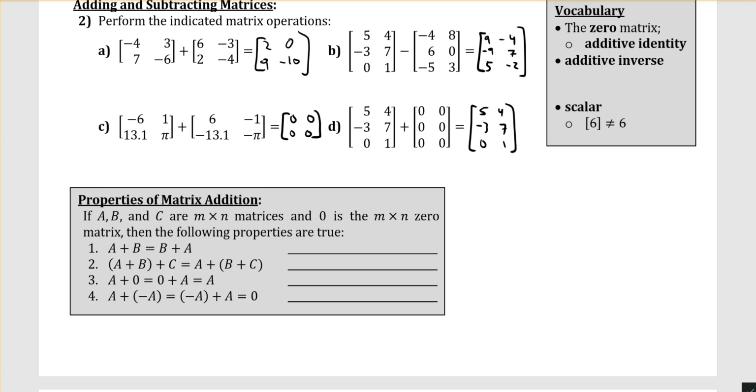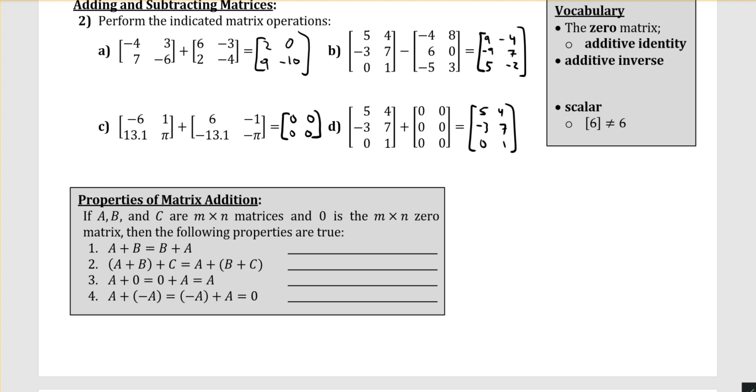So one final thing to note is that this matrix here, the 6 inside brackets, is not equal just to a 6. That's a 1 by 1 matrix with one element, which is 6, and the number 6 is just a scalar. Finally, all the properties that we know and love for addition hold true. Now we'll see in the future that that's not going to continue to be the case.